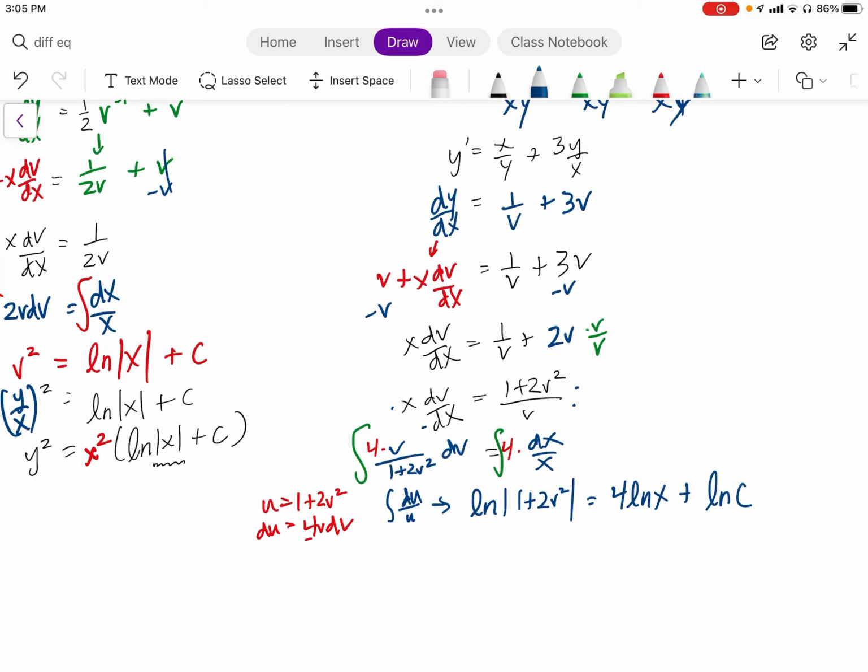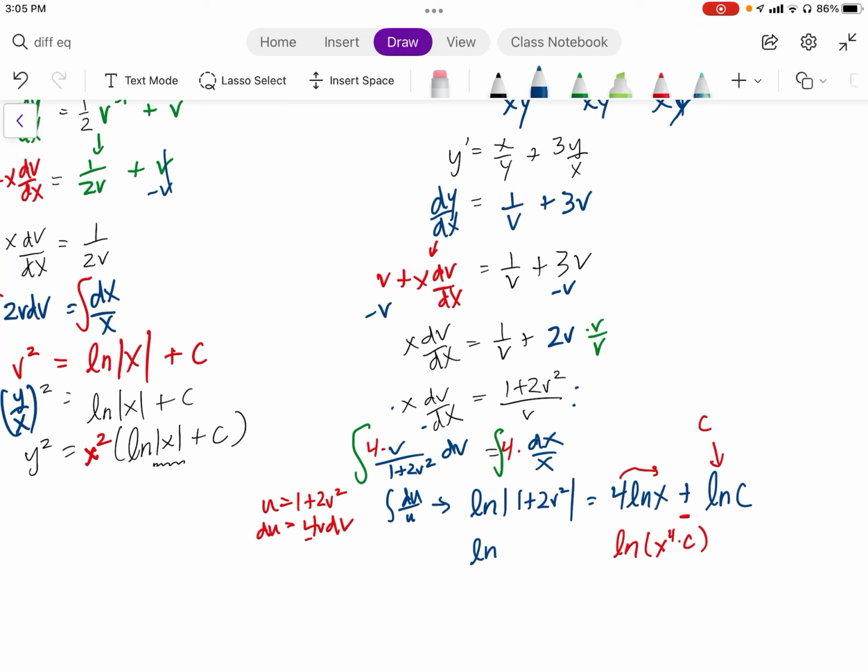Because since this is just a random constant, and now I have ln, I could use properties of ln where, remember, the coefficient can become x to the fourth, and then plus becomes multiply. So this can become ln of x to the fourth times c. Like, why would you want to do that?